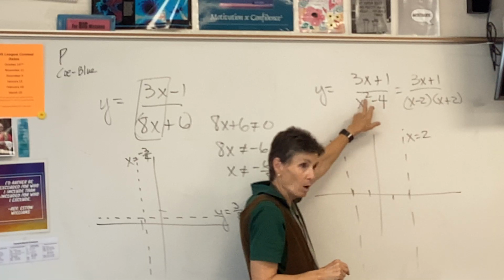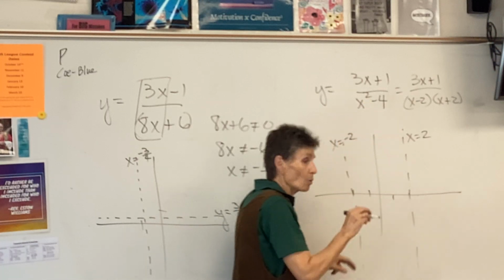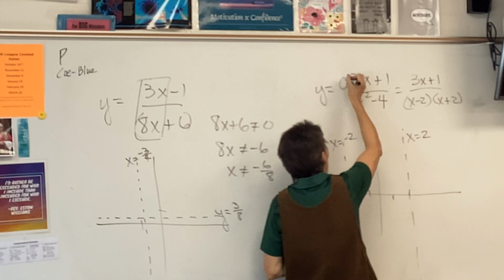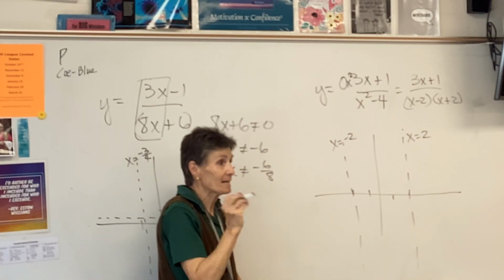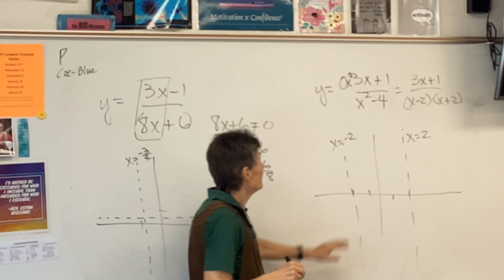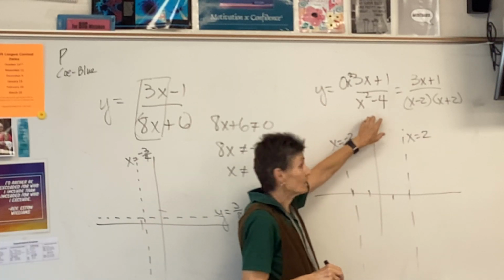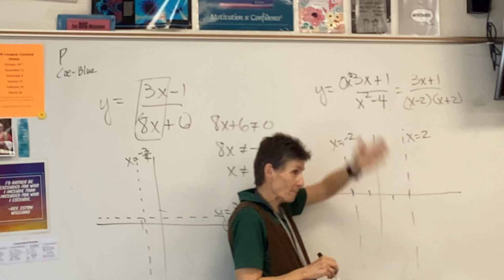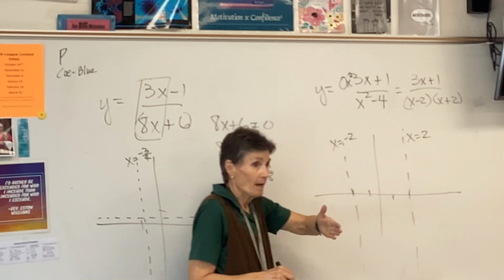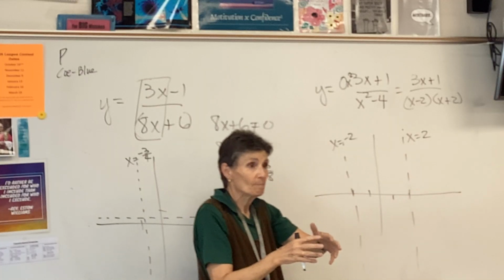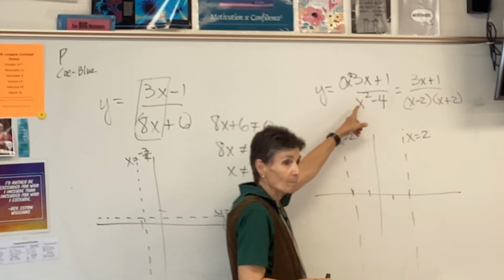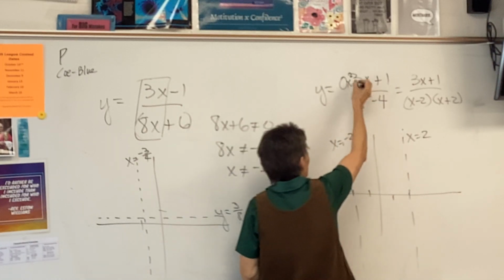I don't have one in the numerator, so I have to physically put one in the numerator. I need an x squared to match this one. My powers have to match, and they gotta match the largest, which is x squared. I don't have an x squared up there, so I'm gonna stick it in.